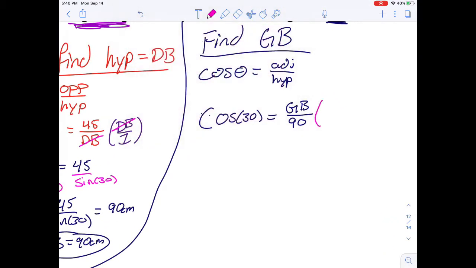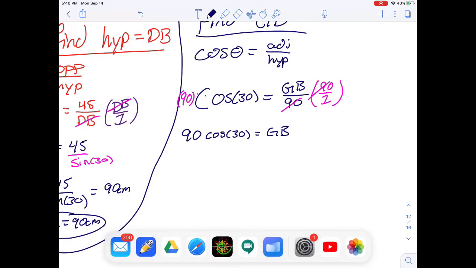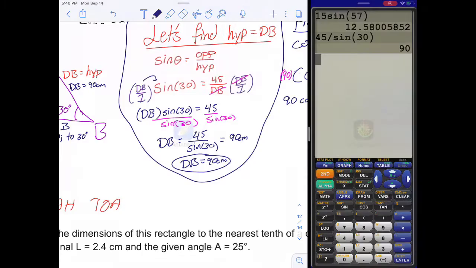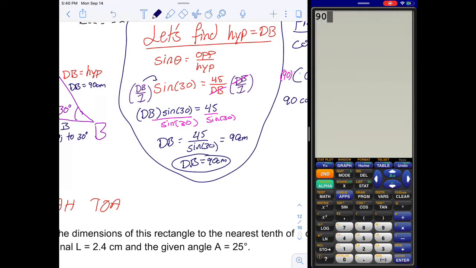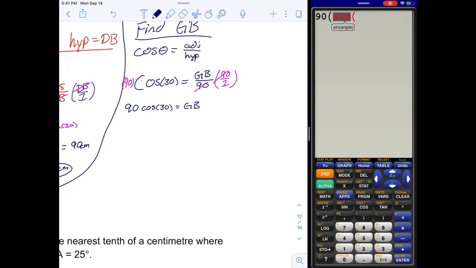In this case, we have to get 90 over to the other side, so I'm going to multiply both sides by 90. That cancels out, and we end up getting 90 multiplied by cos 30. That equals g to b. So practice plugging this into your calculator. 90 multiplying, I'll put this in brackets, cos 30 degrees.